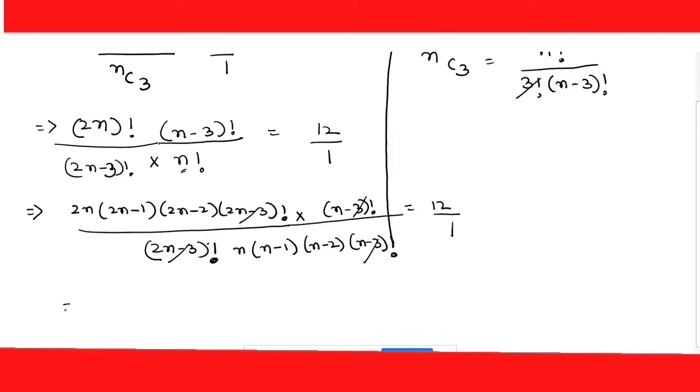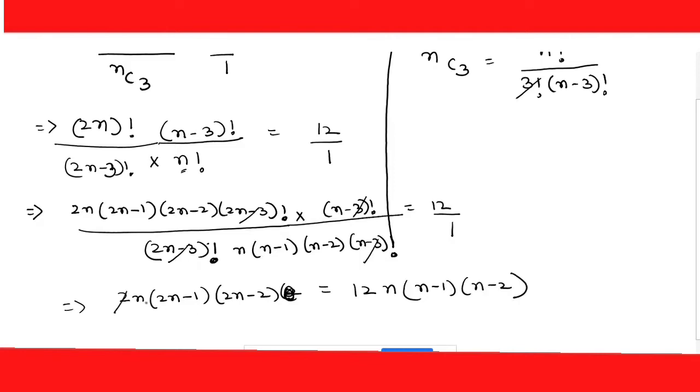Now we can cross multiply: 2n, 2n minus 1. Now we can cut because there is no factorial. Which is equal to 12 n, n minus 1, n minus 2. Now this 2 can cancel 6. This n can get cancelled.